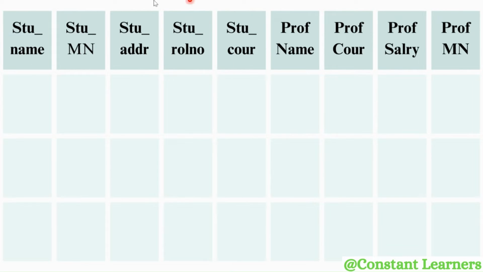Here we have the student information also and the professor's information also. Is this going to be very feasible? Is this going to be very organized? No. It's again going to get very messy and it'll be an unreasonable way of storing the data, right?